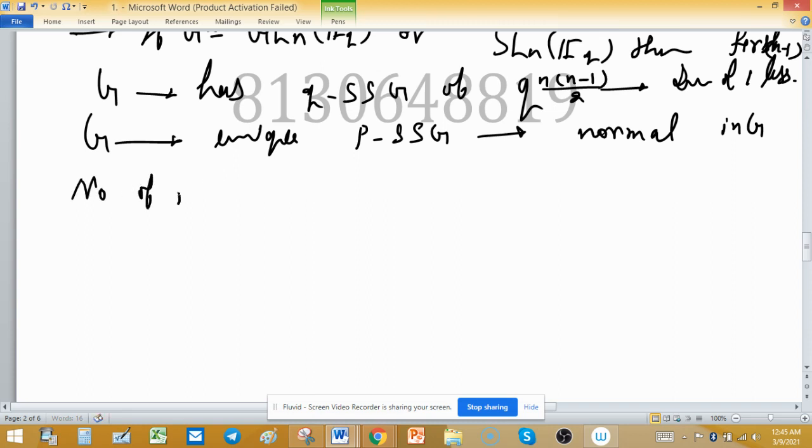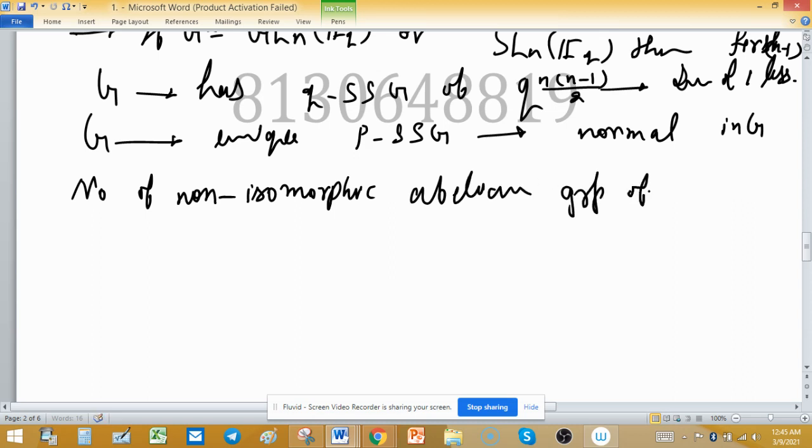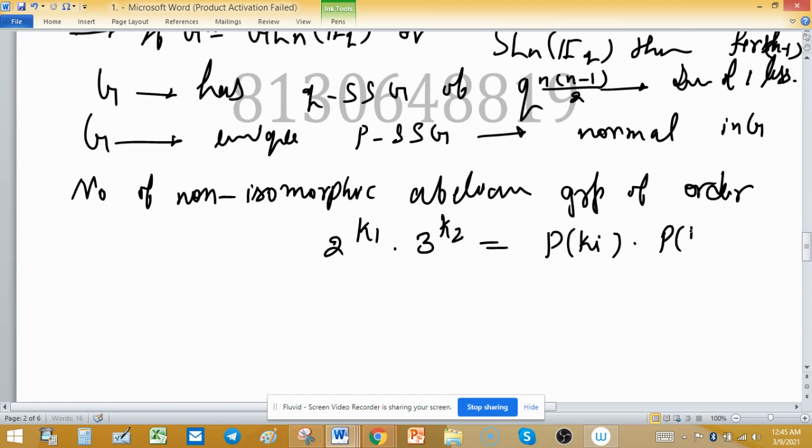The number of non-isomorphic abelian groups of order 2 raised to the power k1 into 3 raised to the power k2 is p(k1) into p(k2), where p(ki) is the partition of ki.